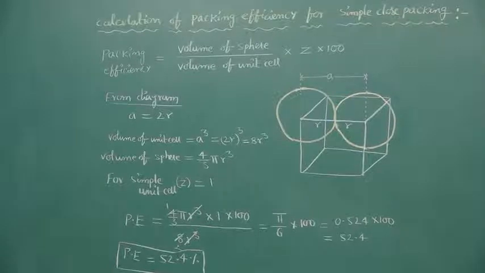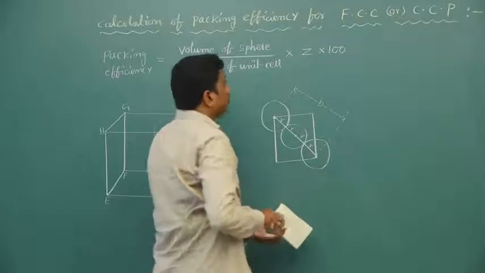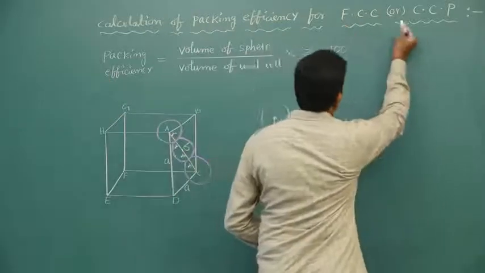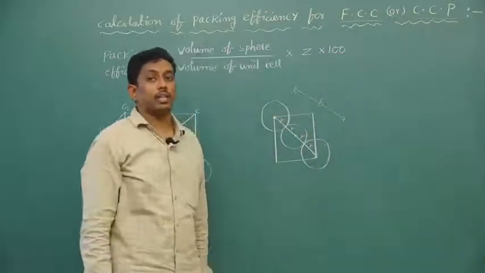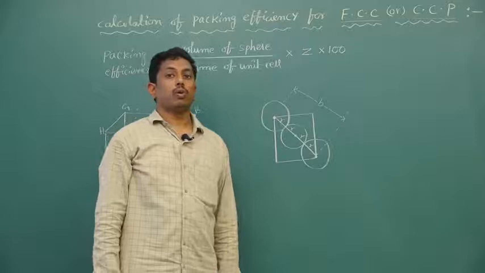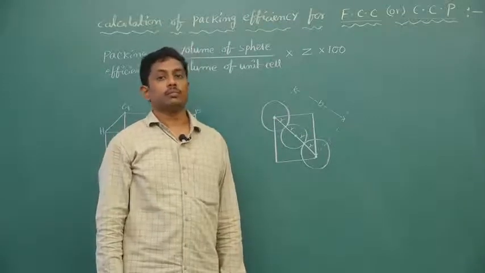See here, calculation of packing efficiency for FCC or CCP. FCC full form is face centered cubic, CCP full form is cubic close packing, both are same.